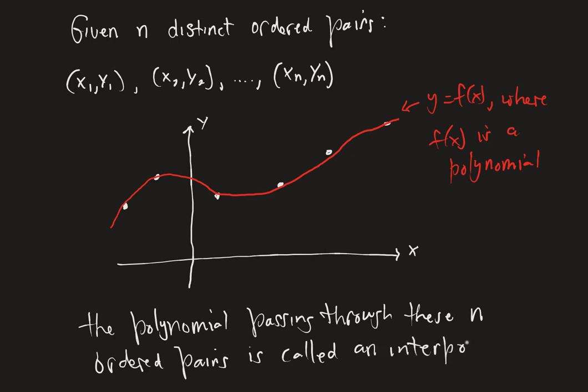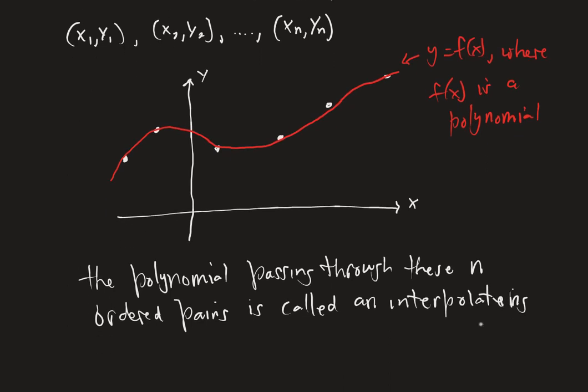To interpolate, in a mathematical sense, is to pass through. Now we're using a polynomial, but this process can be extended to other types of functions. You can interpolate with trigonometric functions, which is a big thing. But right now we're only using polynomials.